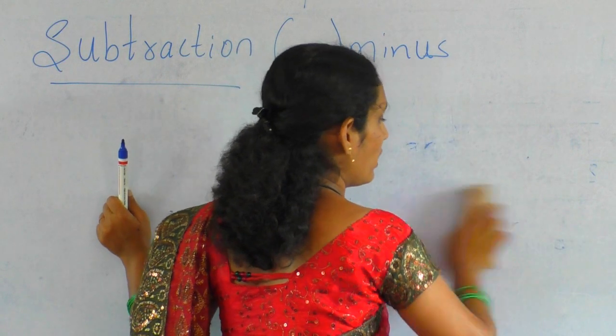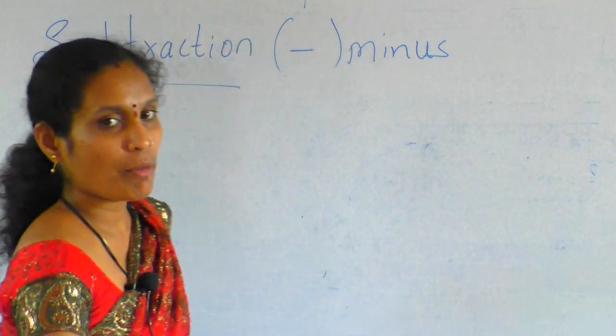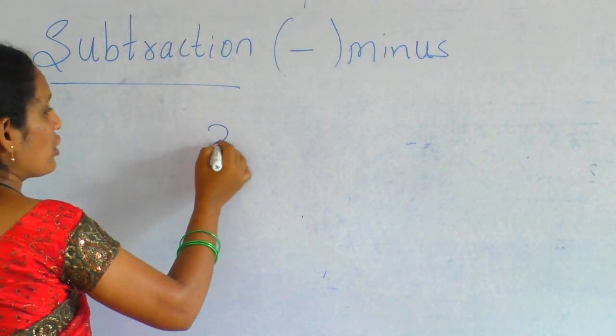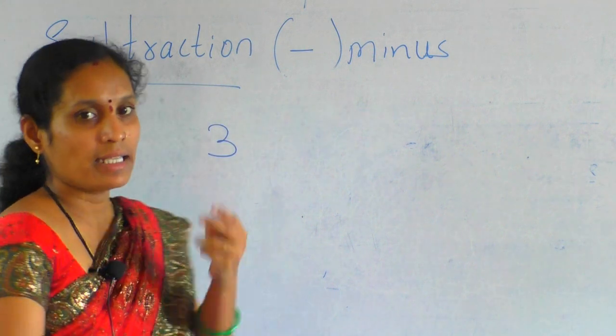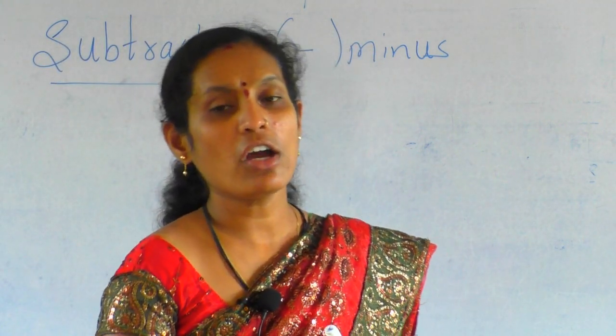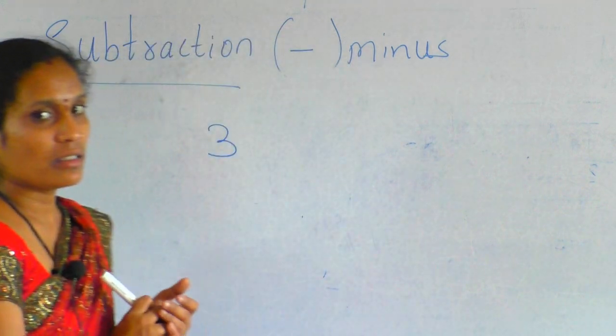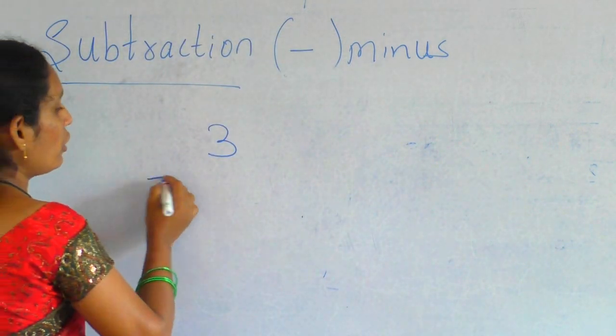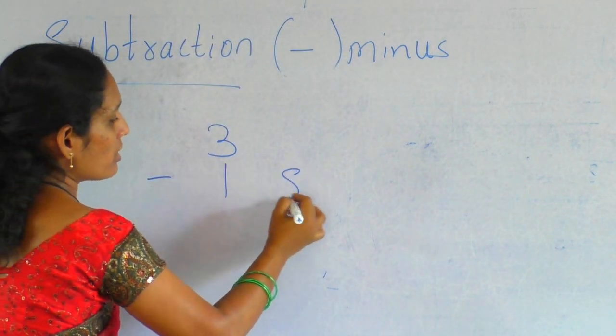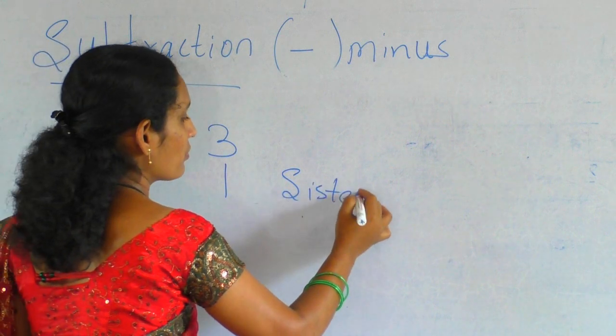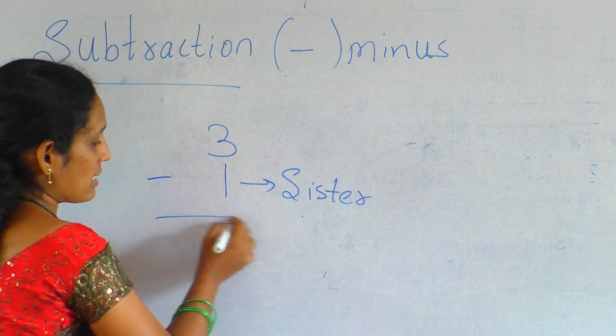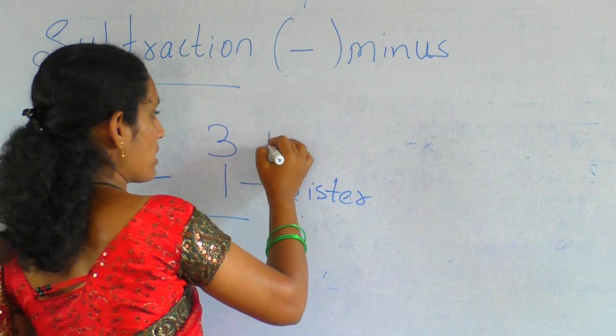I will show you another example. If your mummy gave 3 chocolates to you, how many chocolates? 3 chocolates. And she told you to give 1 chocolate to your sister.